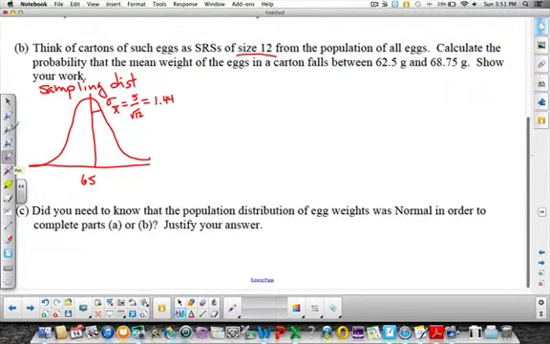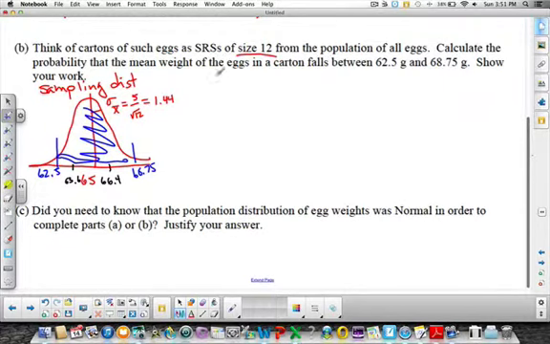If we think about 1.44 as the standard deviation, that means this value here is about 66.4, and one standard deviation below is, let's see, 65, 64, 63.6. So the two observations that I was concerned about are much farther away from the mean. Here's 62.5 way over here, and 68.75 is way over here. So the probability that I'm going to get an average in between those two should be much bigger.